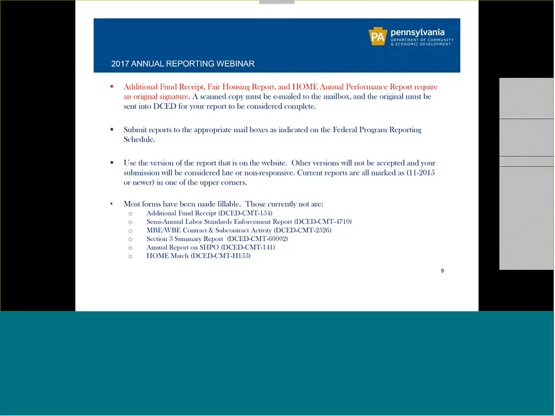The reports can change, so please make sure you check them with the website. Most of the forms are fillable, other than those that are listed there. We're hoping to have at least the three, the additional fund receipt, the annual report on the SHPO, and the HOME match fillable before the end of the year. So keep watching that on the website.